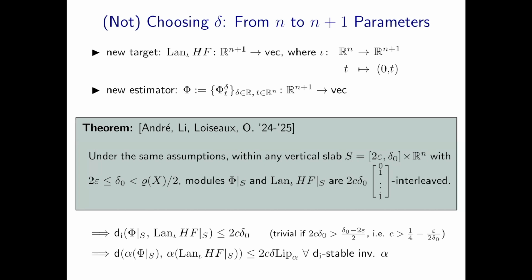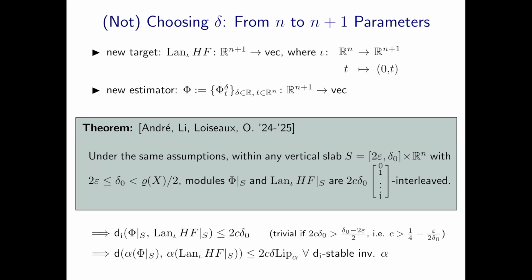Okay? But this is all good, but if you think about it, if your function is not sufficiently regular, this is actually a trivial result. Why? Because you're considering a slab with left side at delta equals 2 epsilon, with right side at delta 0.